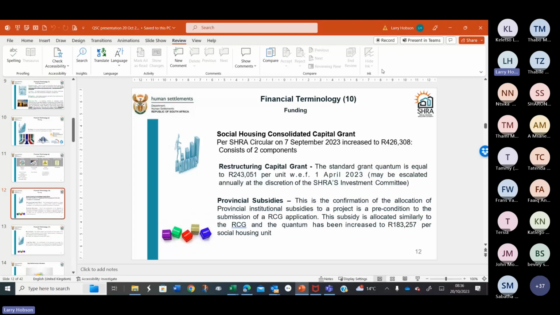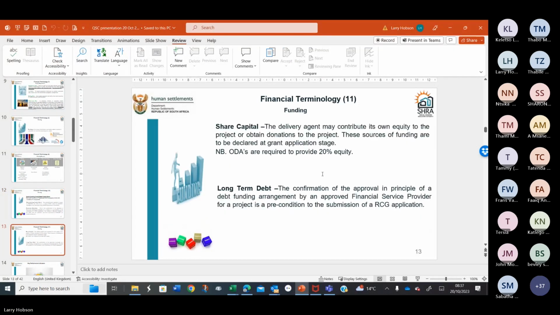Okay, so next one. We've covered the share capital part, but this is to tell us that the other delivery agents, that's people other than social housing institutions, are required to provide 20% equity, and that we went through in detail yesterday.